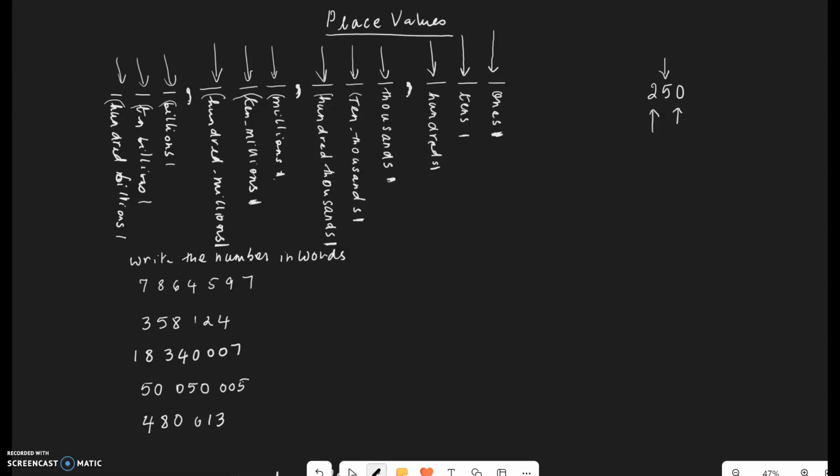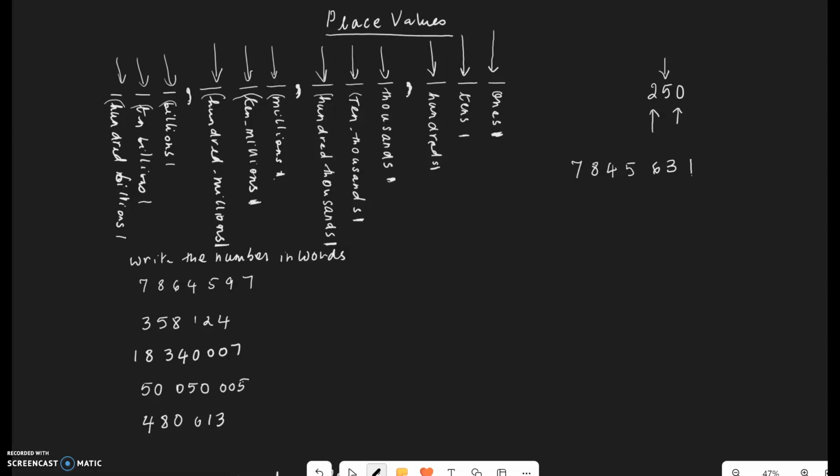So if we have a number, for example, 7,845,631. The way we place the commas is start counting from the rightmost number.